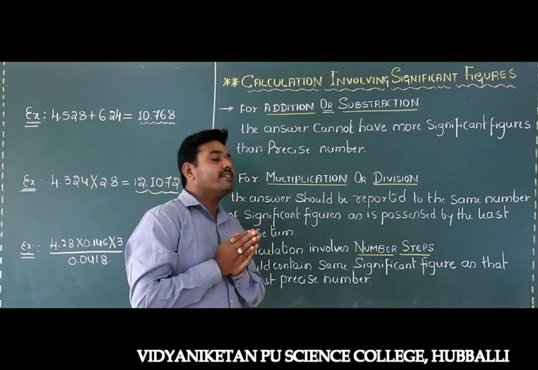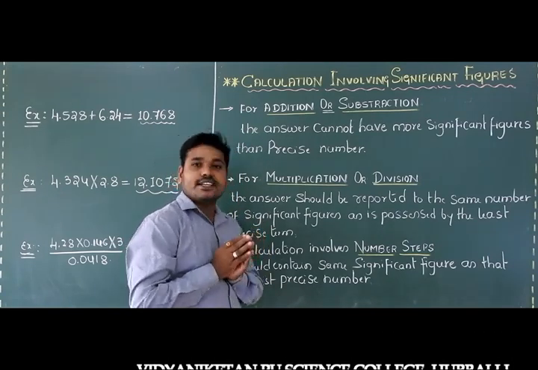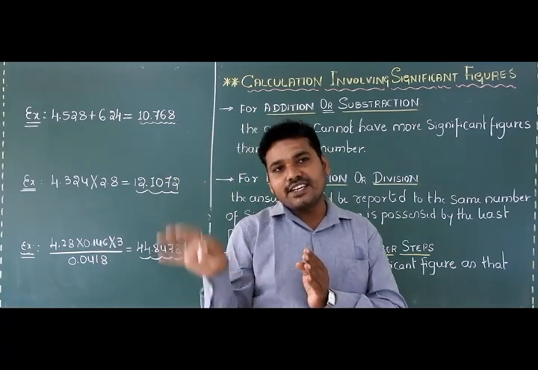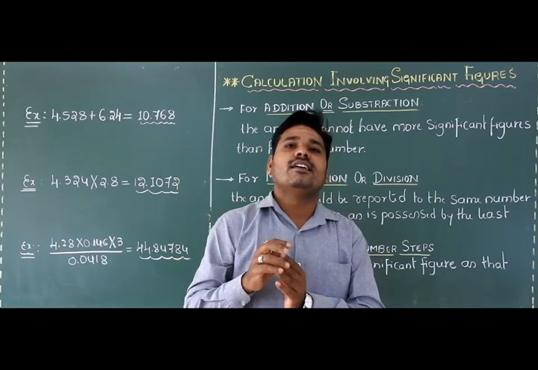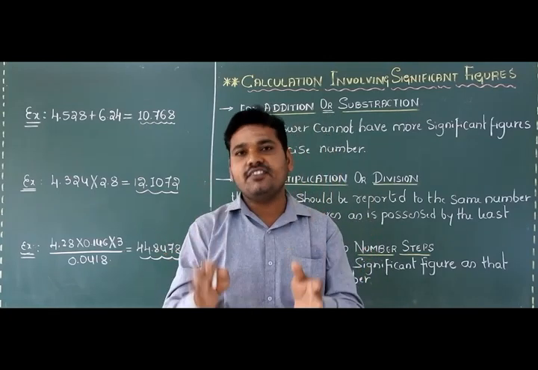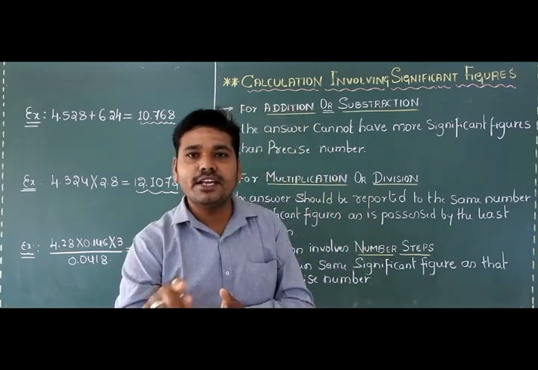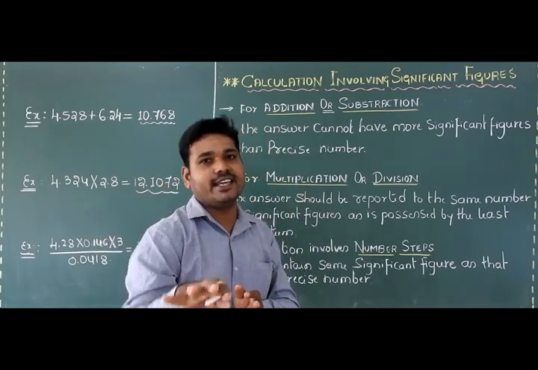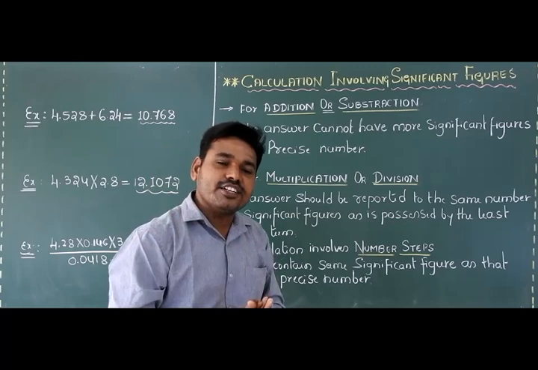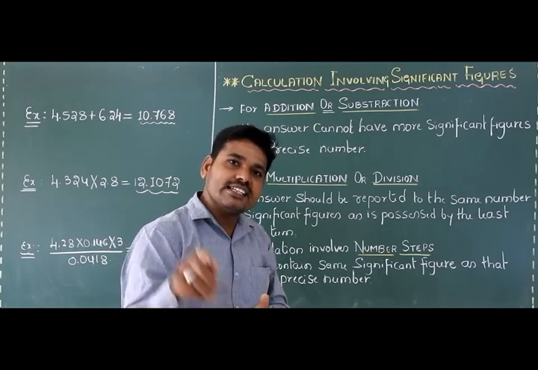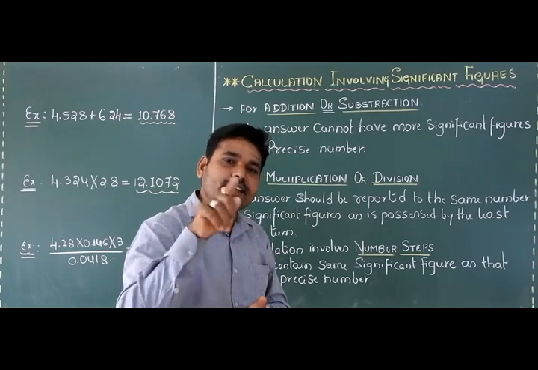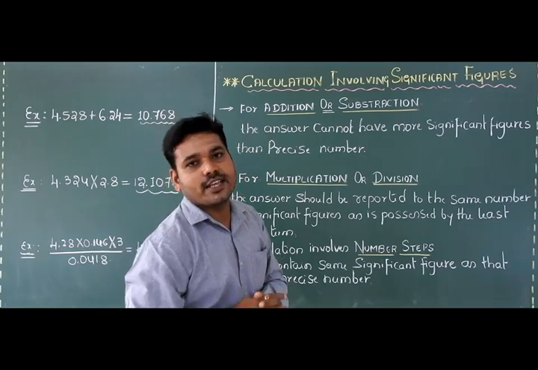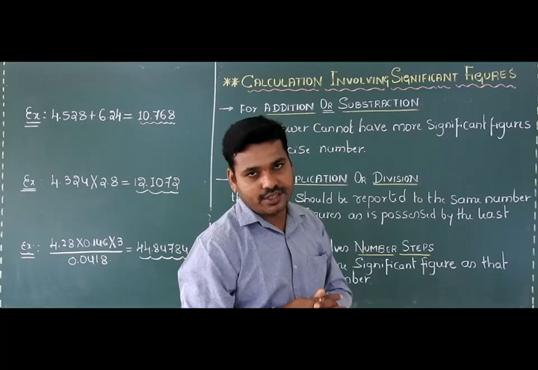Before starting the calculations involving significant figures, let us recall significant figures. We all know that significant figures are the meaningful digits in an experimentally determined quantity, defined as all the digits present in a given number with known certainty plus one uncertain digit.